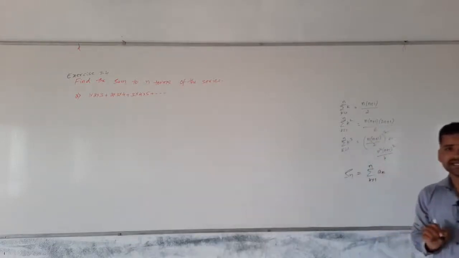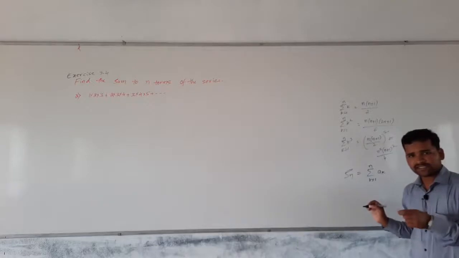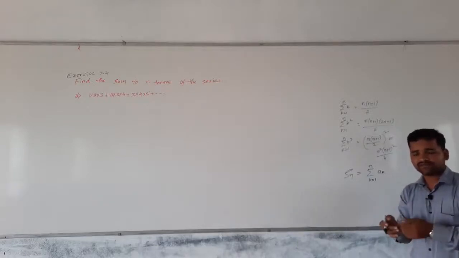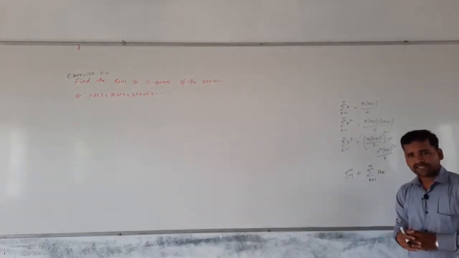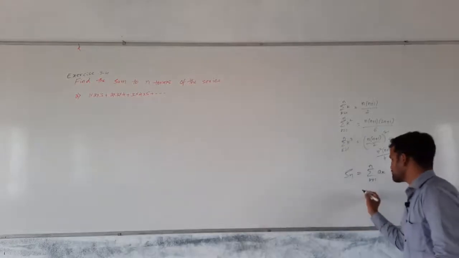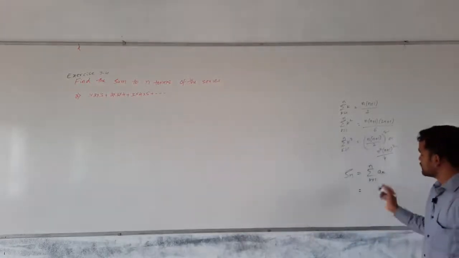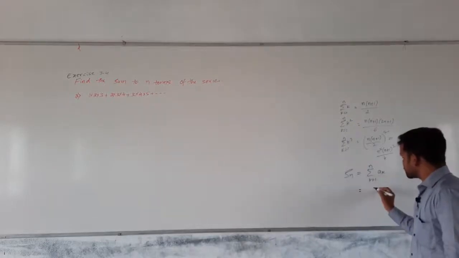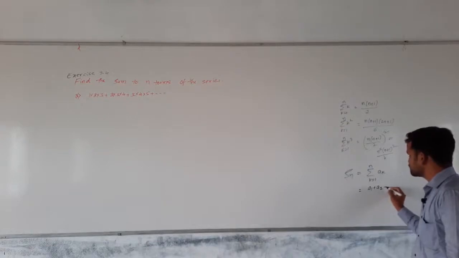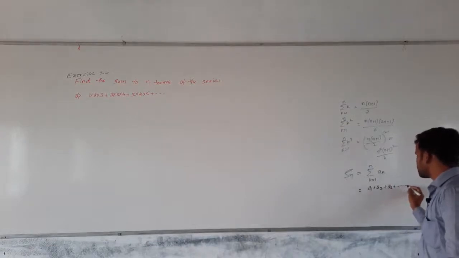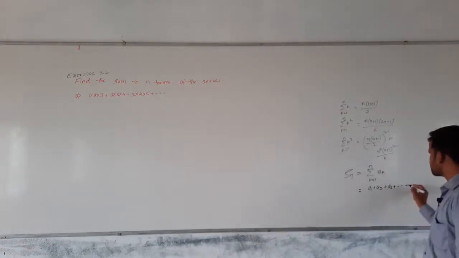What is ak? ak is the nth term, meaning the kth term here, where n is replaced by k. What does it mean actually? Sn is k varying from 1 to n, so when k is equal to 1, this is a1, next 2, 3, and so on up to how many terms? n terms are there, an it is.